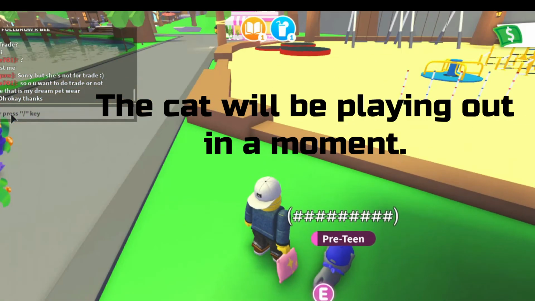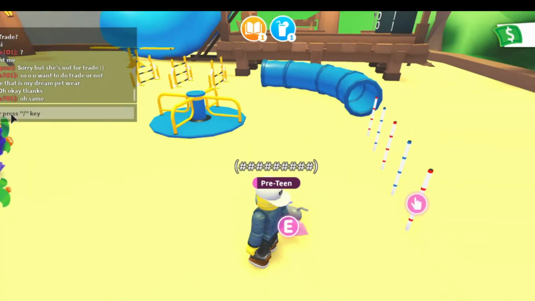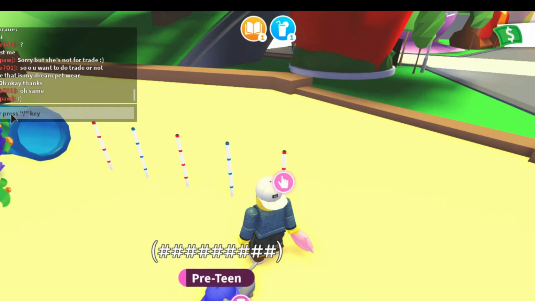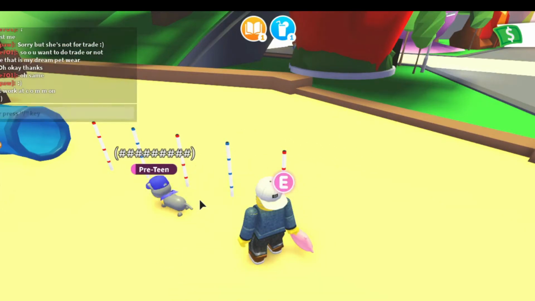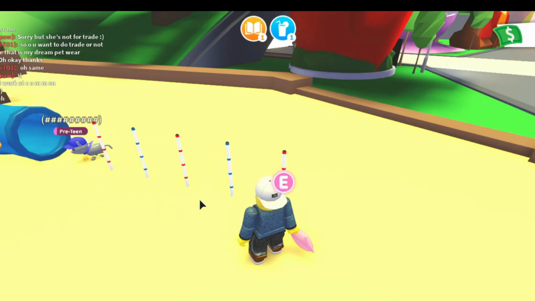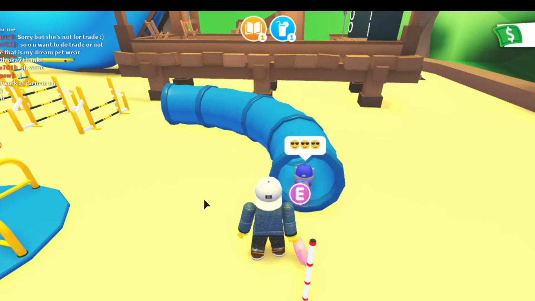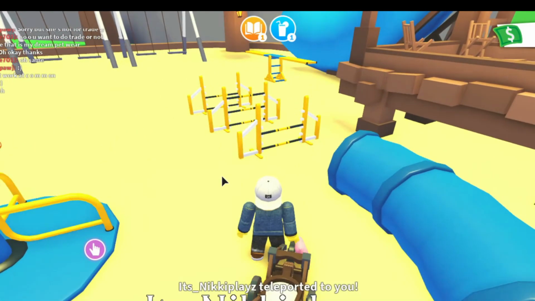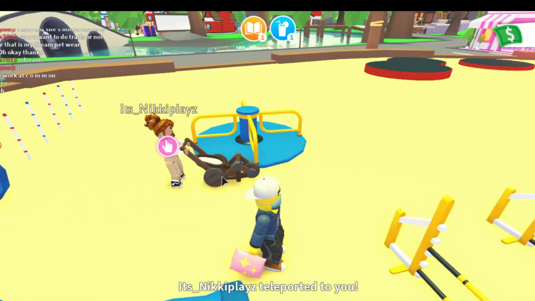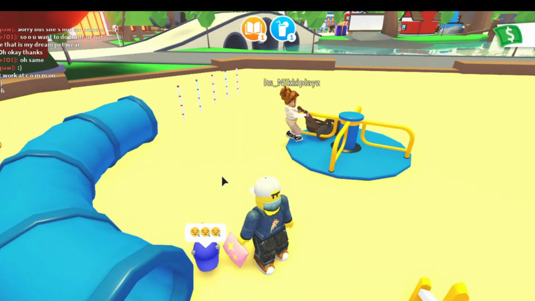We'll be visiting the playground in a moment. Here we go. Some of these little games use weave, so this is to get the cat trained or let it play around in the playground so it can have some fun. Oh my goodness me, what is that?